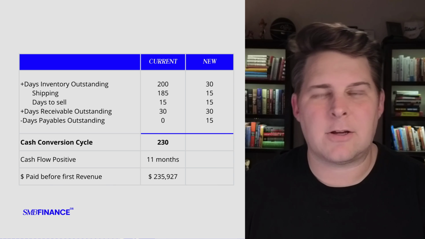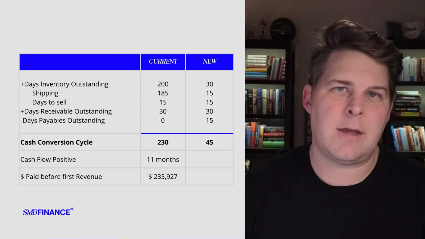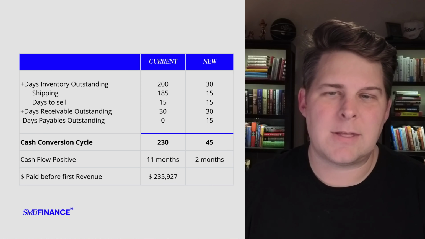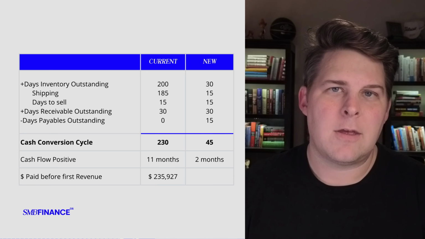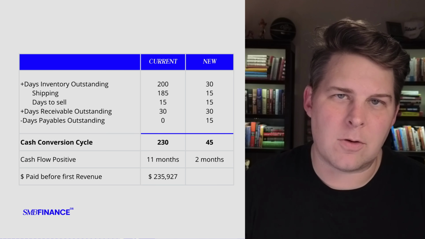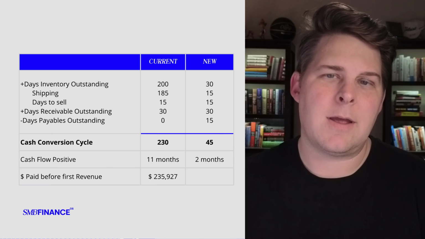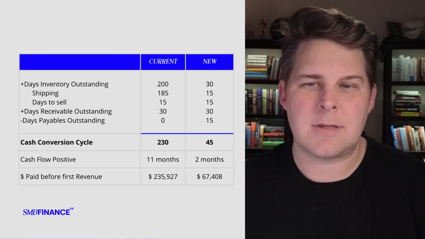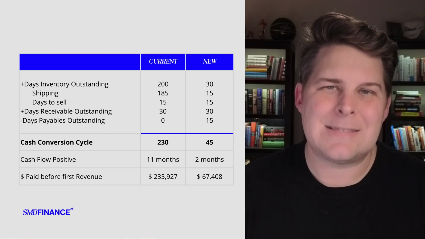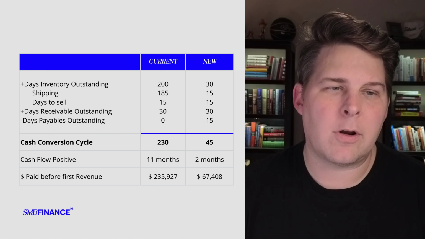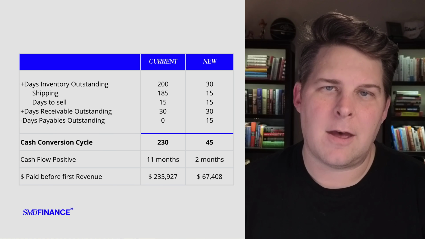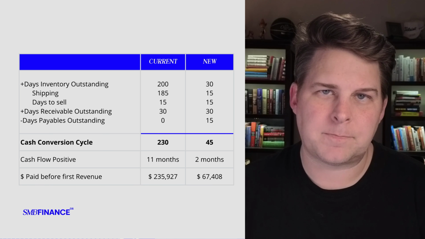So they were able to take their cash conversion cycle from 230 days to 45 days, which meant that their cash positive happened in month 2, meaning they can start investing that money back in inventory, back in growing the business. That meant that they only needed $67,000 before starting the business instead of $235,000.